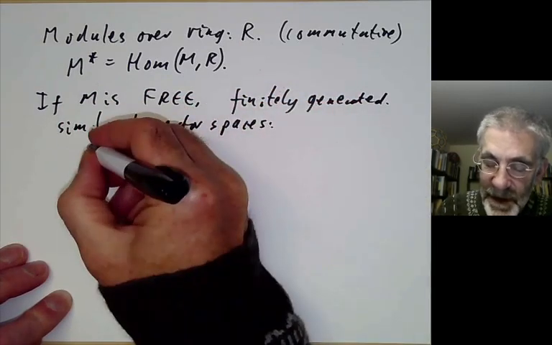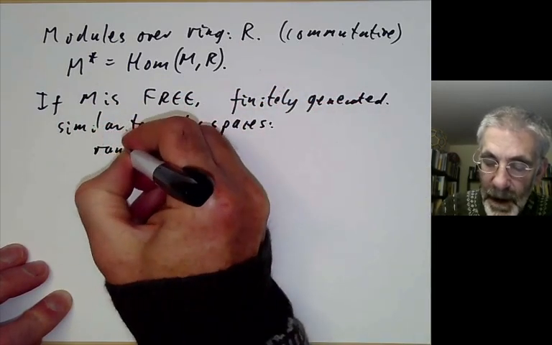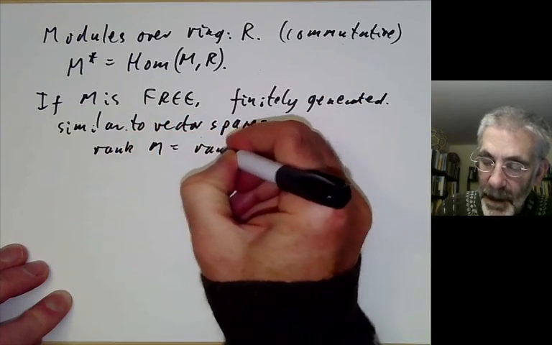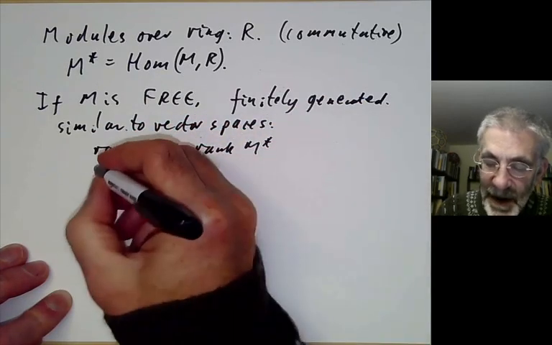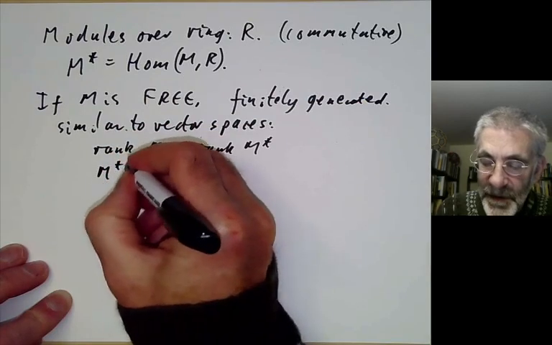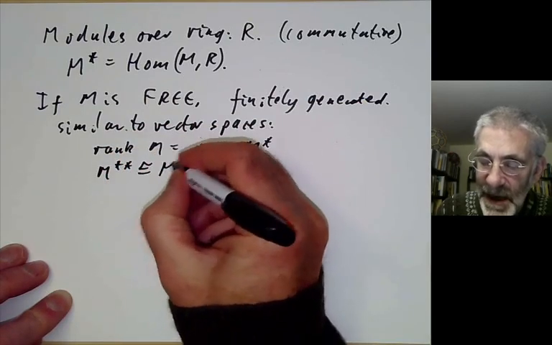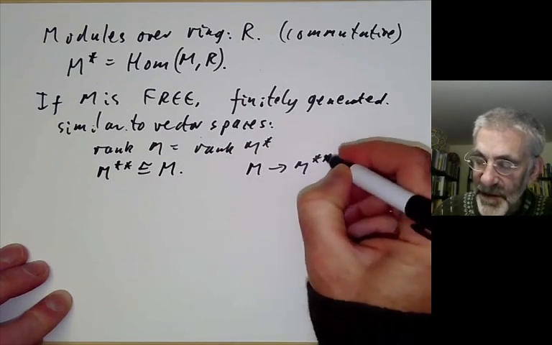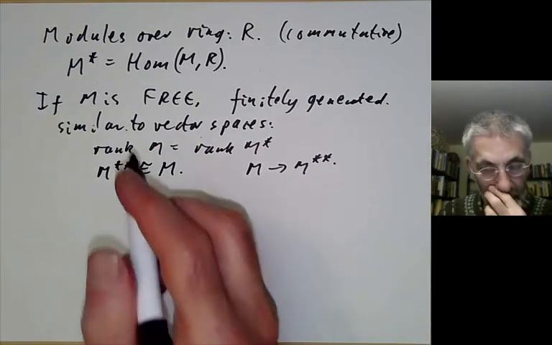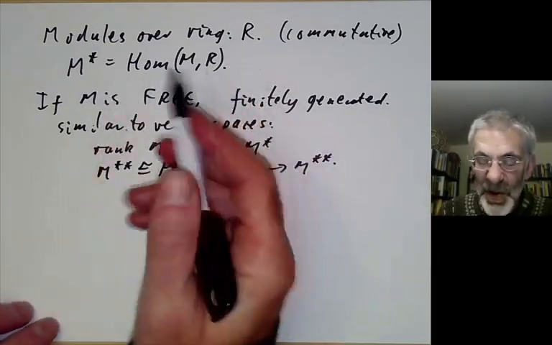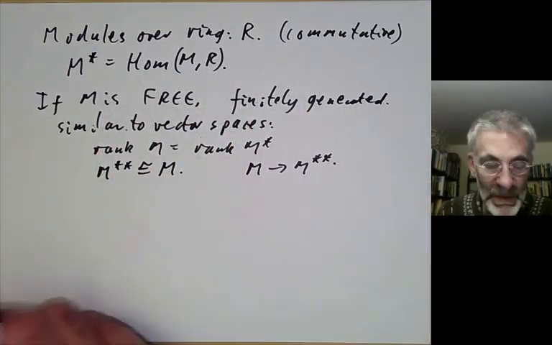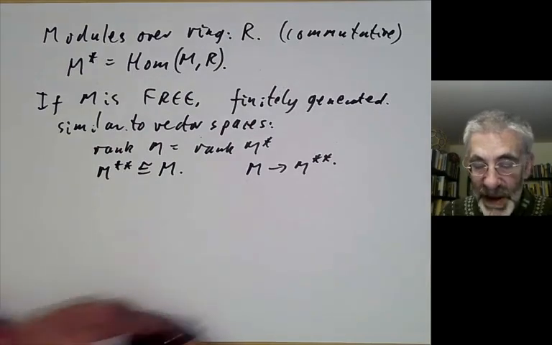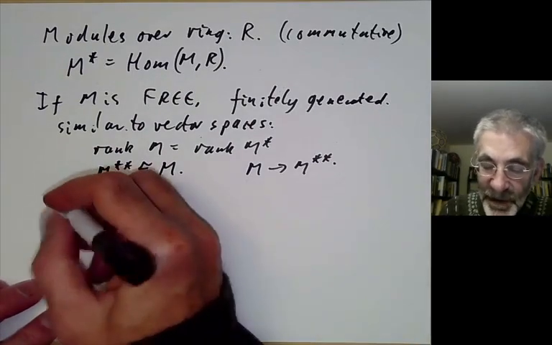We find that the rank of M is the rank of the dual of M, and the double dual of M is naturally isomorphic to M, because there's a natural map from M to its double dual, just as for vector spaces. So for free modules, nothing particularly new happens.